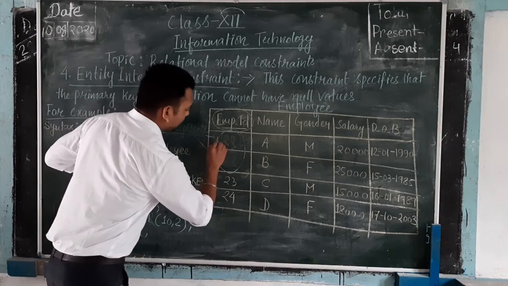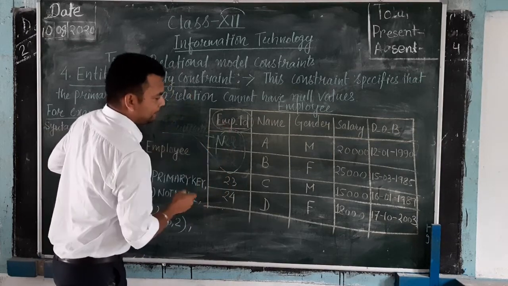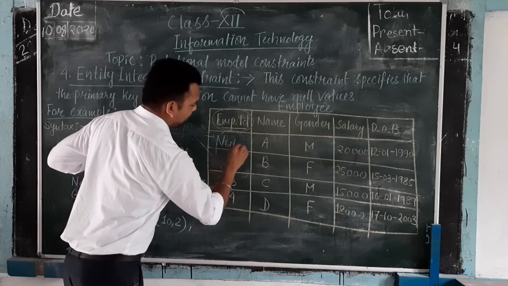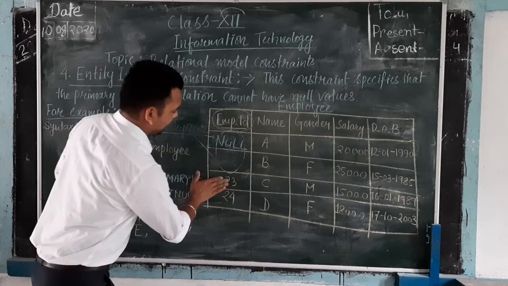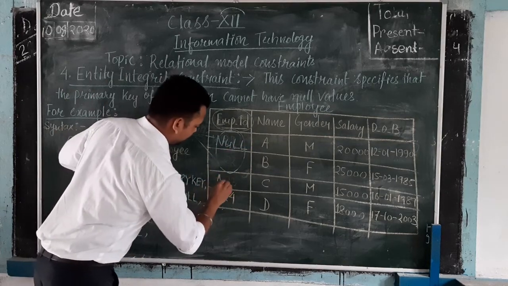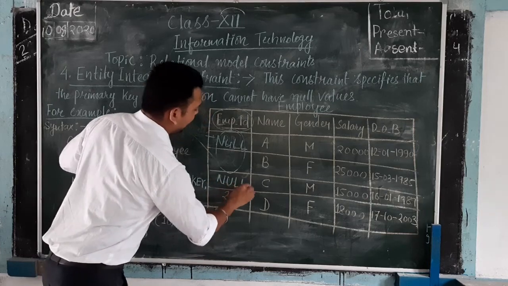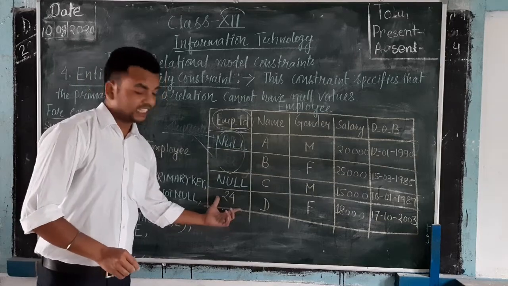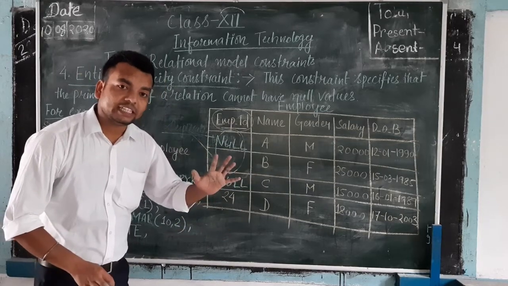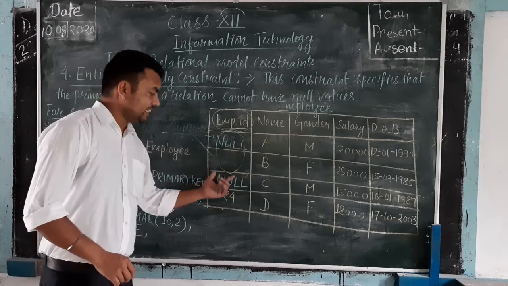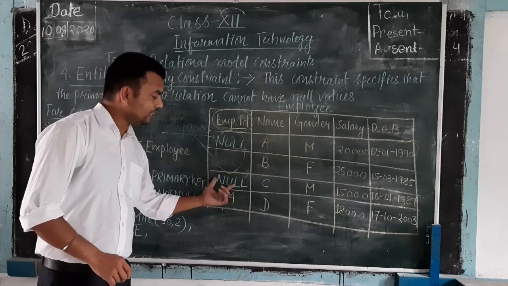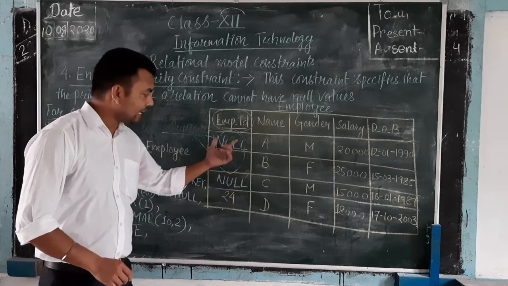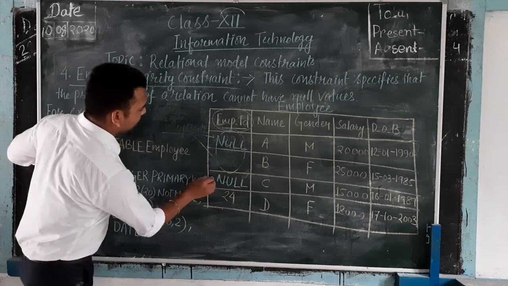Correct? So if under the employee ID column we have a null value in the first tuple and, say, in the third tuple, in that situation, different tuples will have the same value, that is null. Now see, the null value is occurring twice.